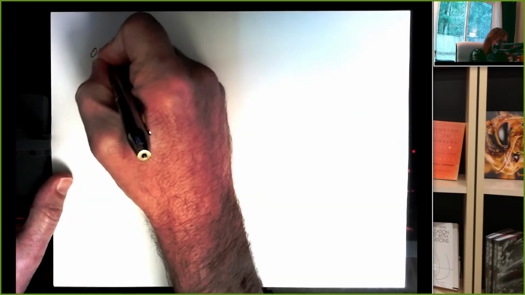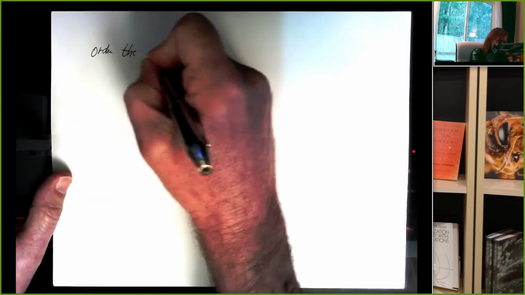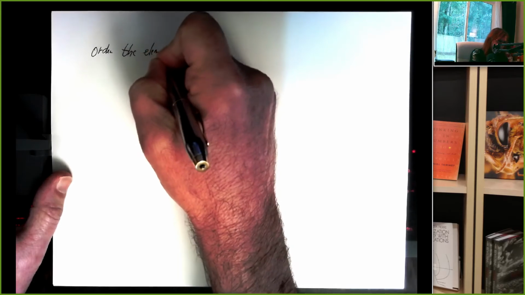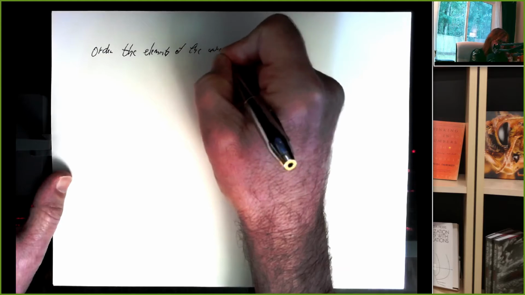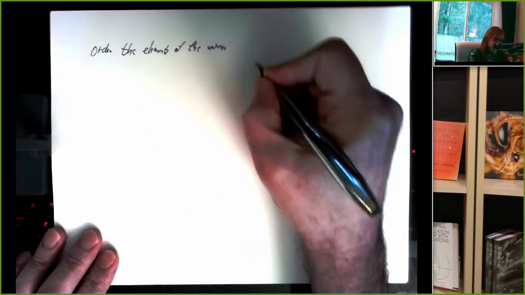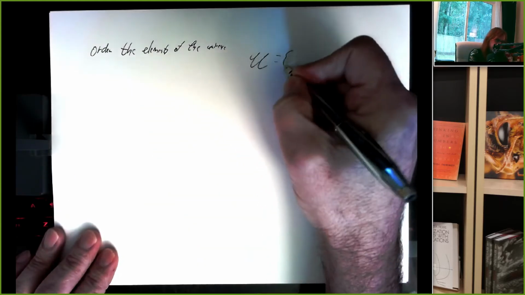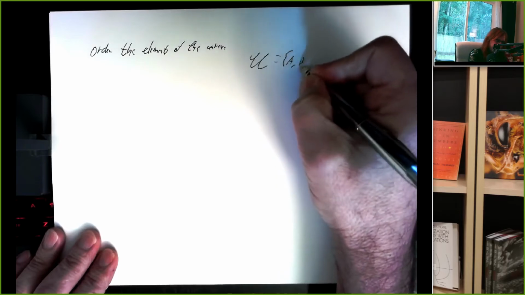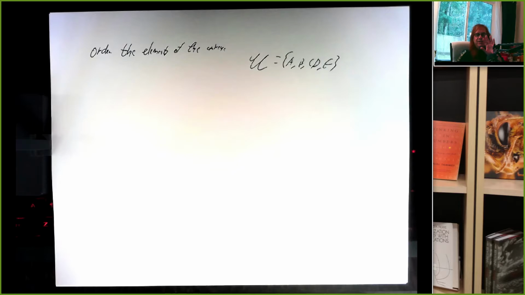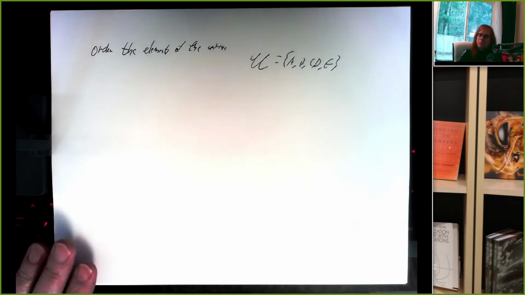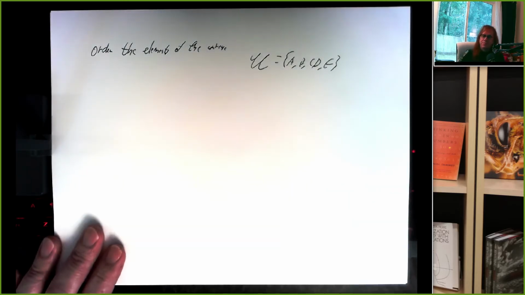So we're going to order the elements of the universe. So suppose our universe consists of A, B, C, D, E. So we have 5 elements in our universe, and we want to describe a set comprised of things from this universe.